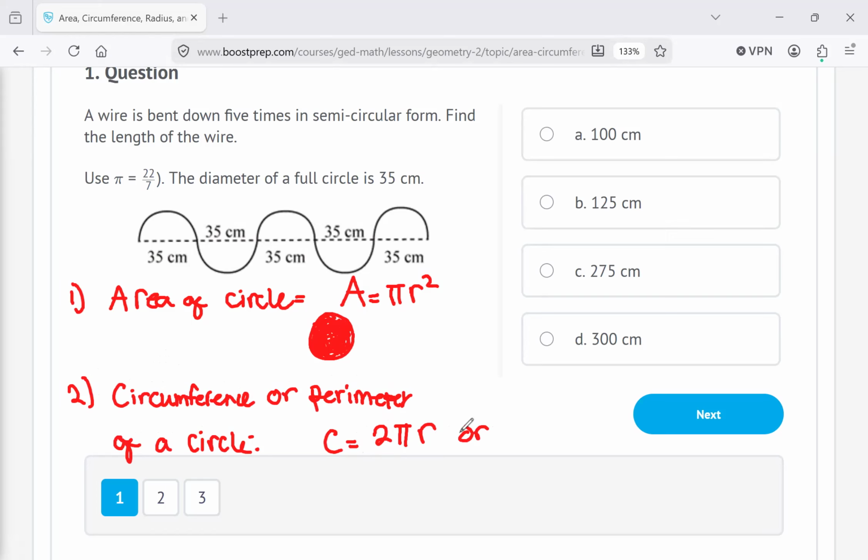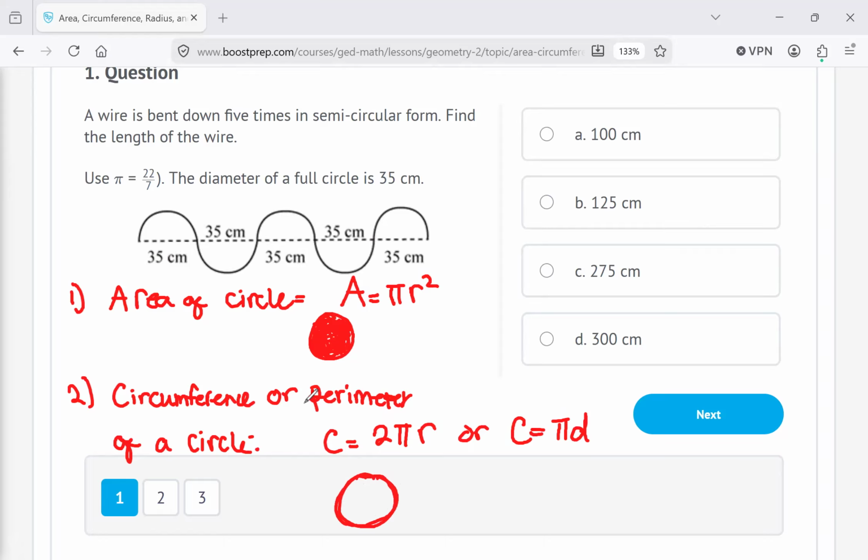Or if they give you a diameter, it could be C equals pi times d. Imagine you have a circle, and if you put a string around the circle, that would be the circumference or the perimeter.